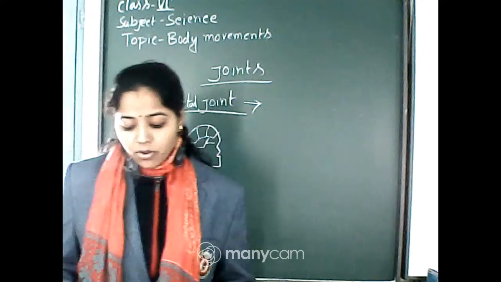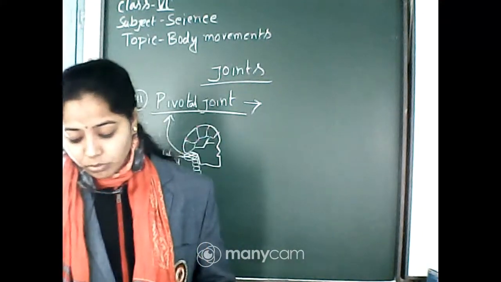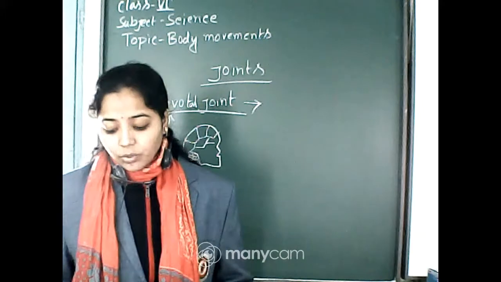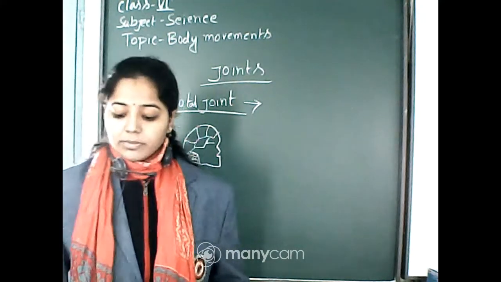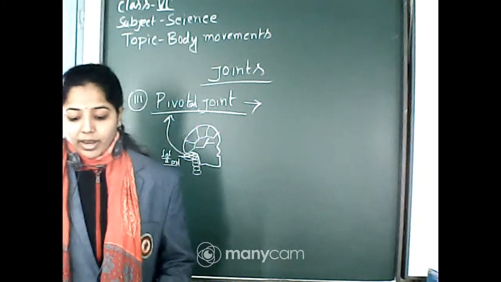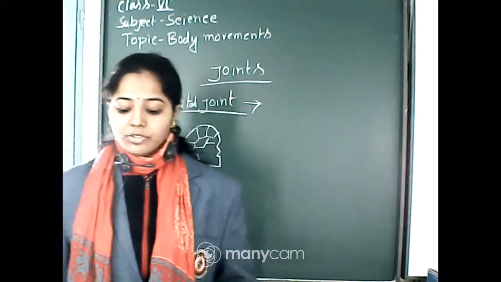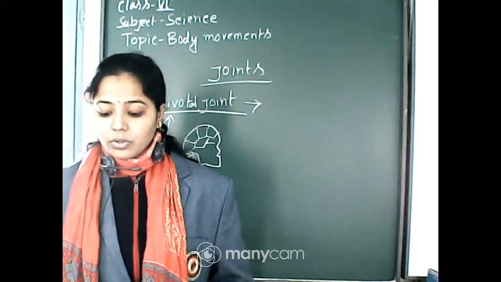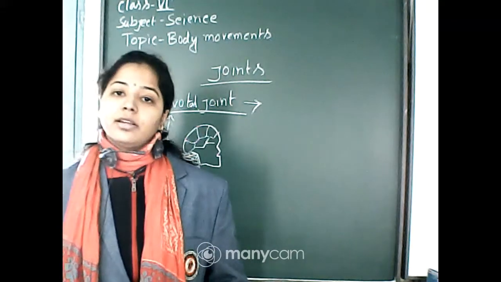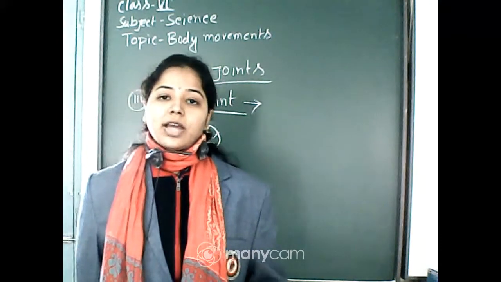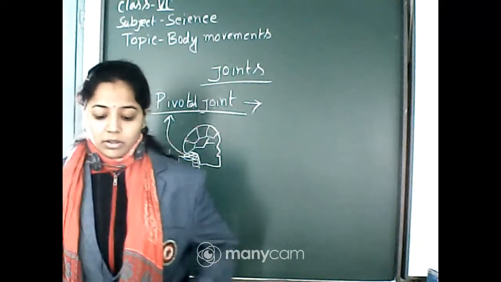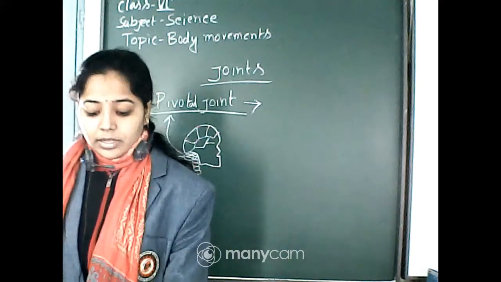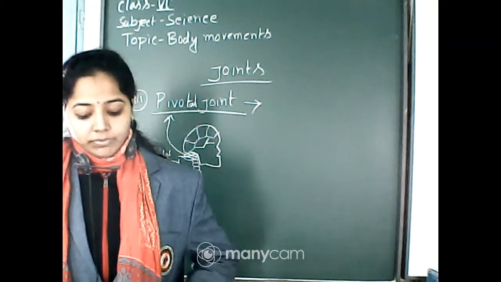How are these movements different from those of our arm that can rotate a complete circle? That is the ball and socket joint. In a pivotal joint, a cylindrical bone rotates in a ring. So this type of joint is called a pivotal joint or pivot joint.